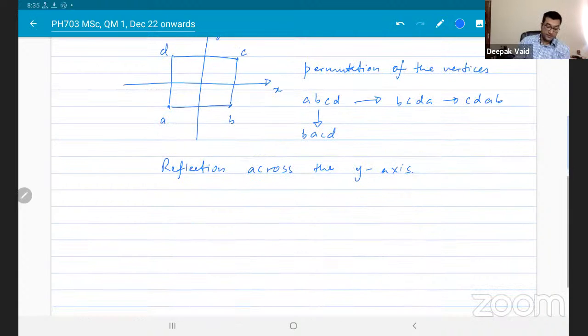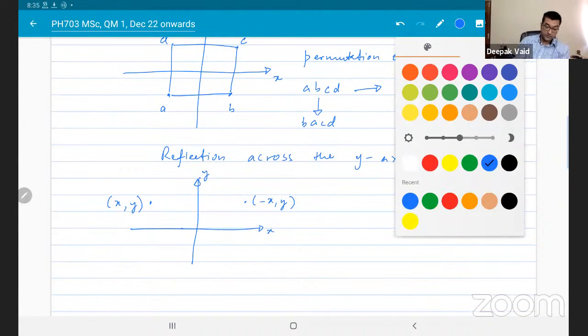What does it mean to take a reflection across the Y-axis? It means if you have a point over here with some coordinate (x, y), its reflection will have coordinates (minus x, y). I put plus x here and minus x here because it doesn't matter; x can be a negative value, then minus x will be a positive value.